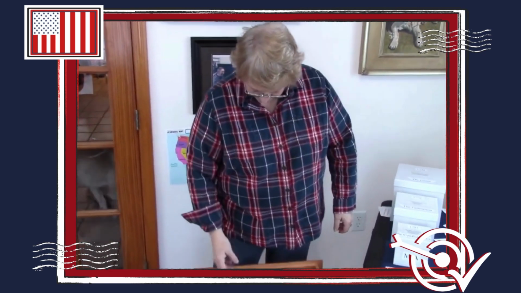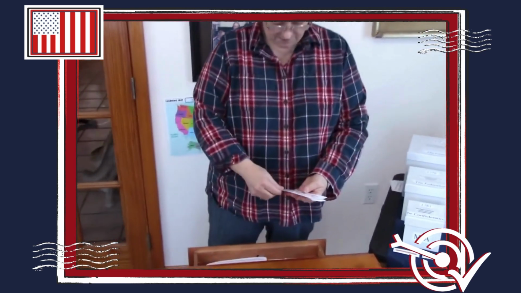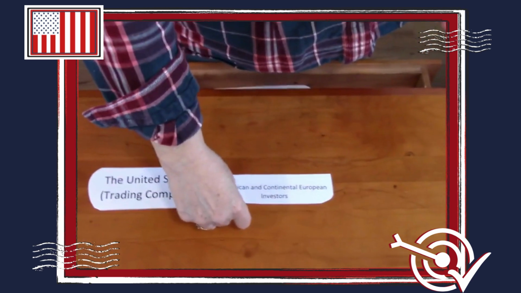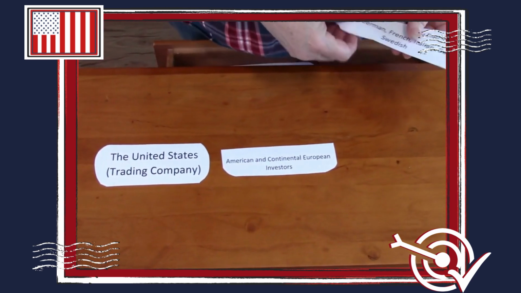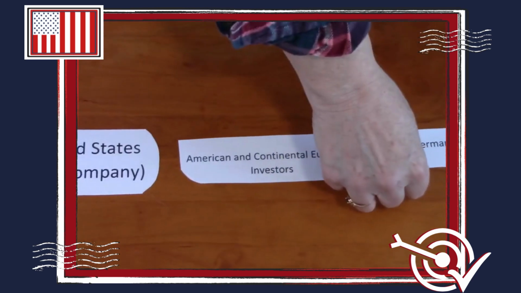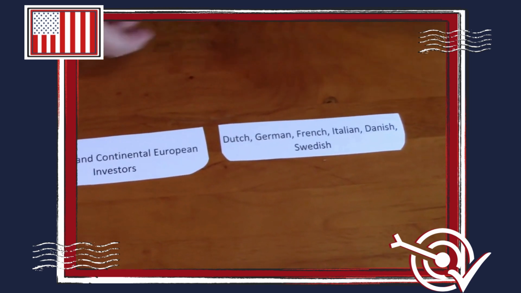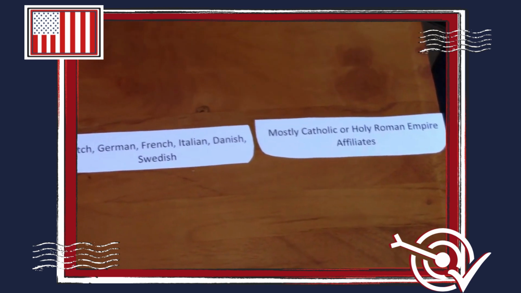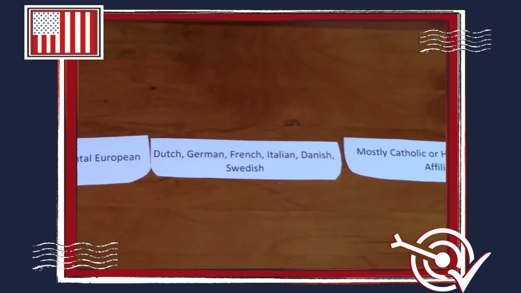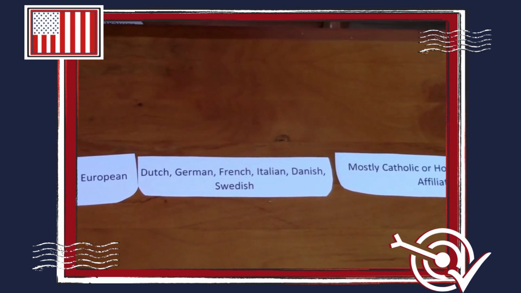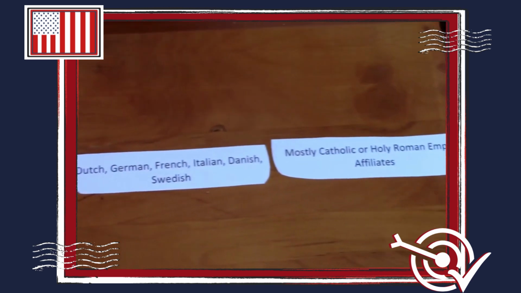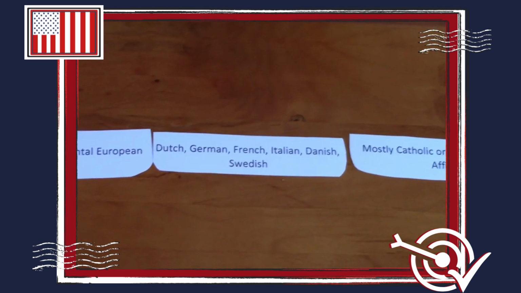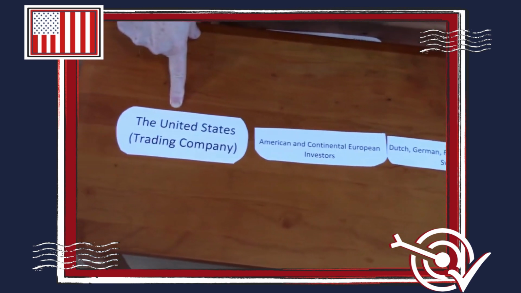Then we have the United States Trading Company, and we see that it is American and continental European investors. We see that it's a variety of nations involved in this. We have the Dutch, the Germans, the French, the Italians, Spanish, Swedish, Danish. All sorts of European investors and American investors are involved in the United States Trading Company.